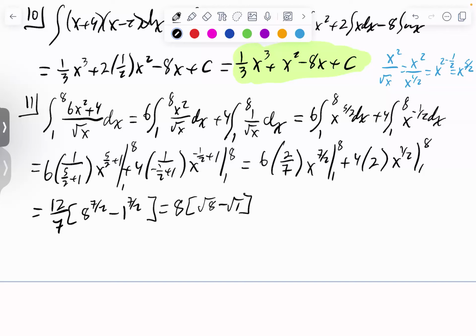Remember, x to the 1 half is just square root. And both of these, to be clear, just become 1. Not 0, they become 1. Oops, that should be plus.